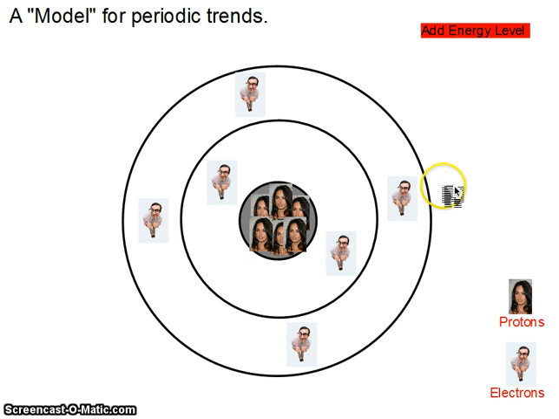If I was to add another energy level outside of this one, a third energy level, its attraction to the nucleus would decrease even more because now there are two rings of electrons inside it that are going to lessen the interest in what's there, or the attraction, as it were.